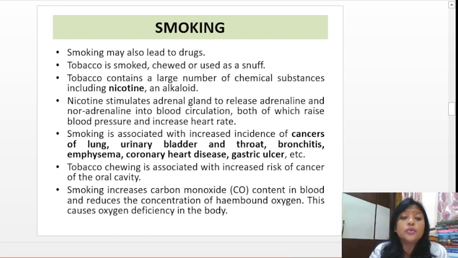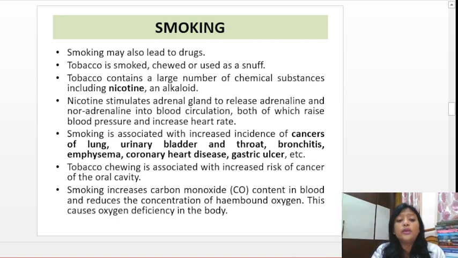What does nicotine do? When taken in, it stimulates our adrenal gland, and it releases adrenaline and noradrenaline into the blood circulation. When these two are released into the blood, it leads to an increase in heart rate and also raises the blood pressure, which is very bad.